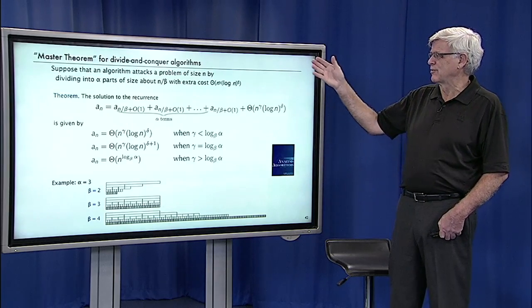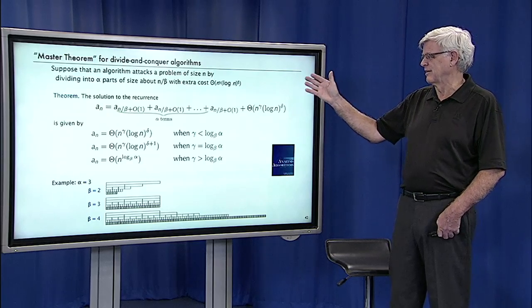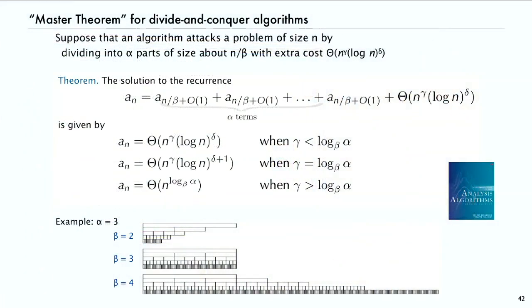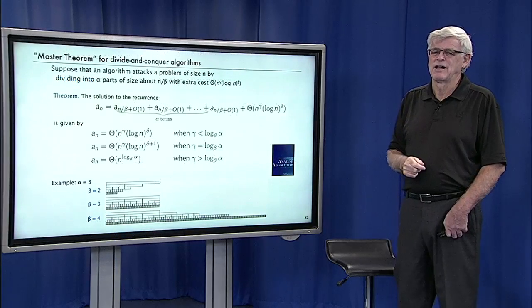And so what the master theorem says is, under the supposition that you have alpha parts of size n over beta with extra cost n to the gamma log n to the delta, that's going to lead to a recurrence.